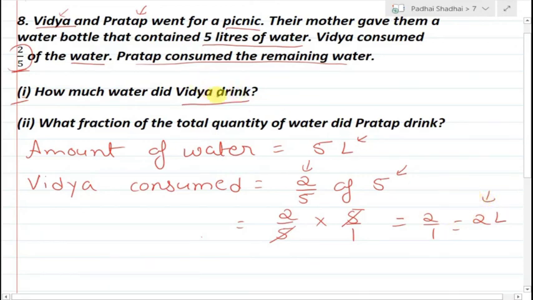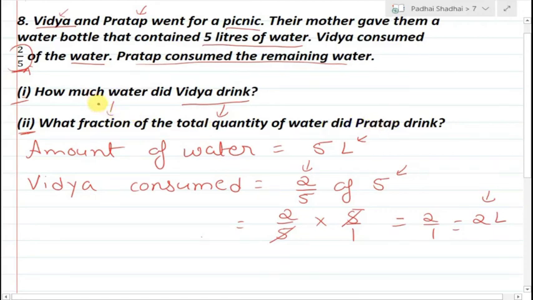Okay. And the remaining part is consumed by Pratap. Now we have to find out the fraction of the quantity consumed by Pratap. So first we will find how much water Pratap has consumed. Out of 5 liters, to find out, you have to subtract the amount Vidya consumed from the total amount of water.